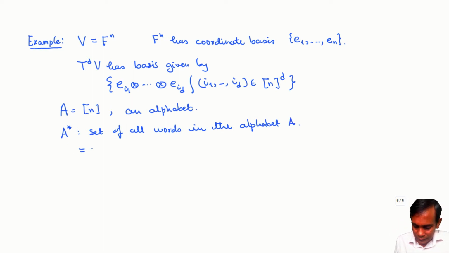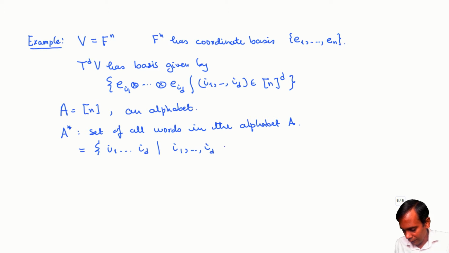So a word is just something of the form i1, i2, ..., id, where i1, ..., id belong to [n].